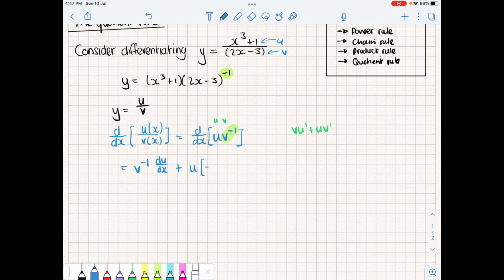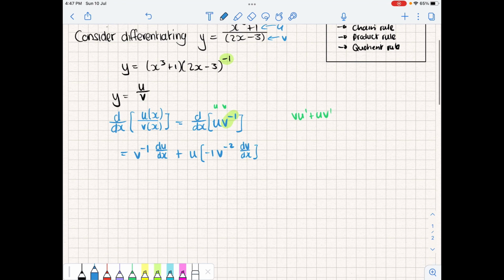So the power here is minus 1. And then I'm going to reduce the power by 1, so I'm going to get v to the power of minus 2. And then I need to multiply by the derivative of the inside function. So the derivative of v, if we just looked at v, would be dv on dx.